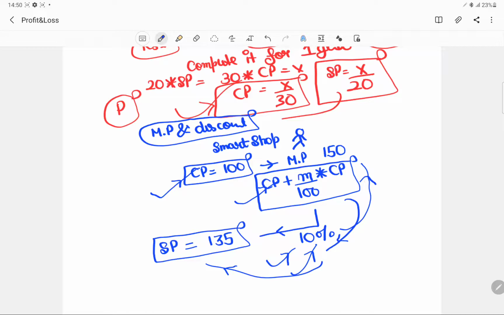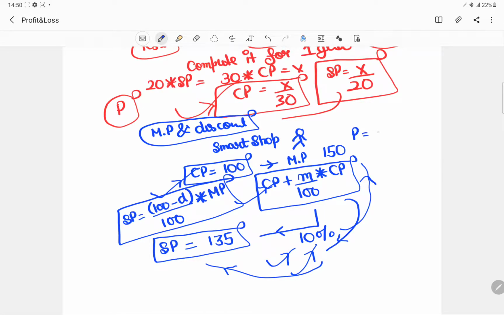So the selling price is always equal to (100 minus D) into the marked price upon 100.